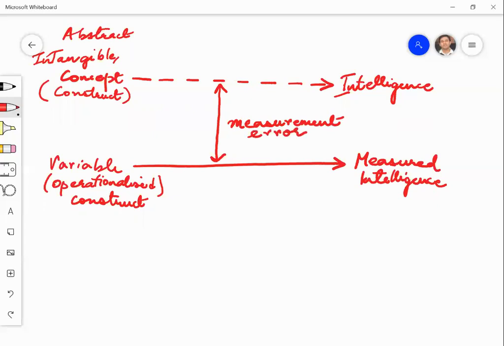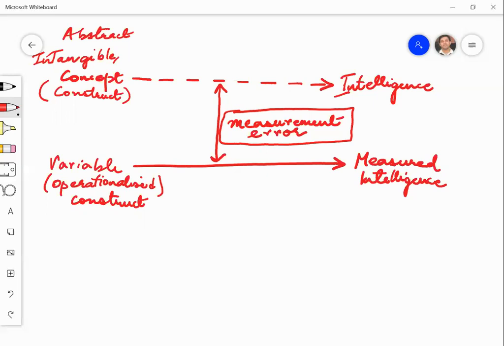That means the kind of measure that you are going to create and the kind of number you are going to capture through it, there is going to be at least some difference between the actual construct and the measured construct. We denote this idea as measurement error. This is going to be a very important word that we are going to use repeatedly in structural equation modeling.